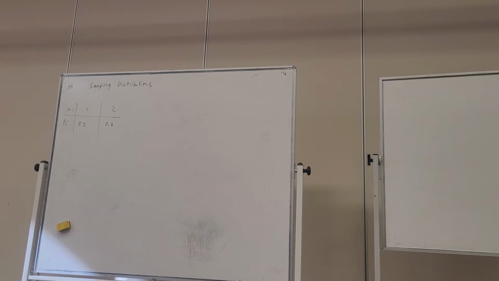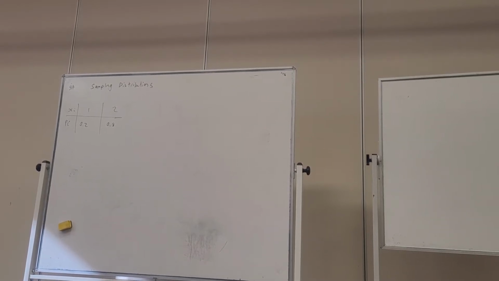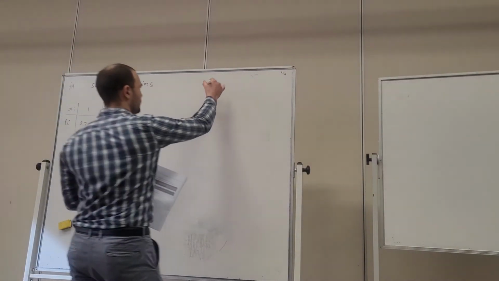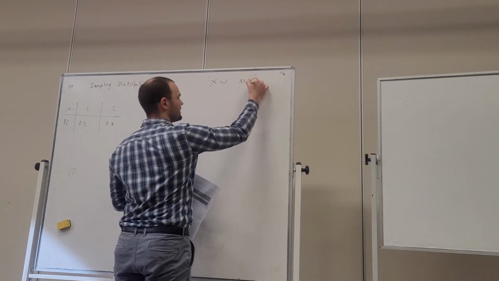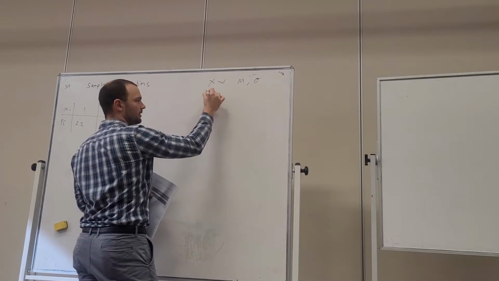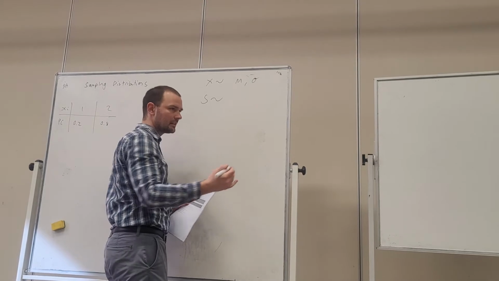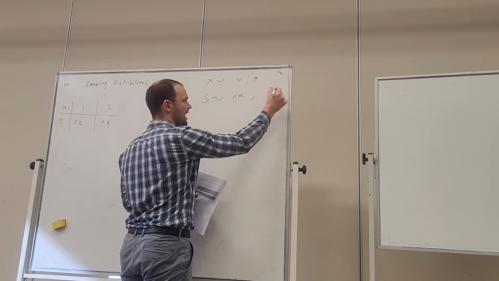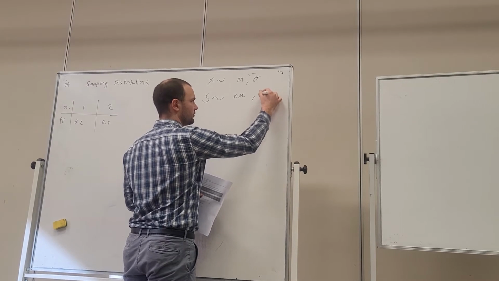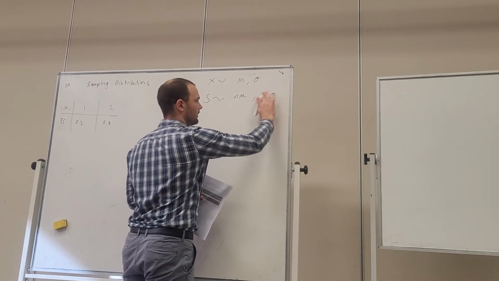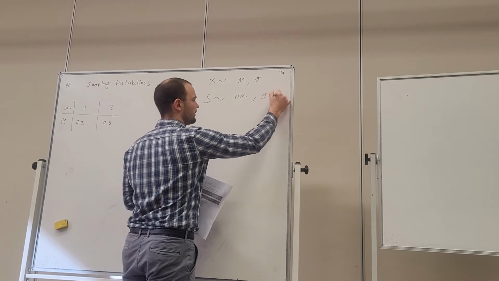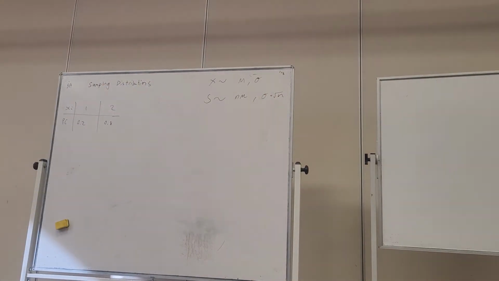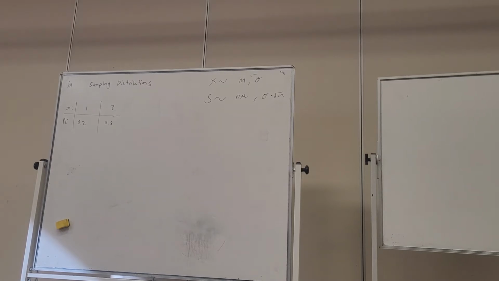If x has a mean mu and standard deviation sigma, then Sn has a mean n times mu, the number of samples times the mean, and a standard deviation of sigma times the square root of n. Oh, I've done that the wrong way around. Sigma times the square root of n. There we go.